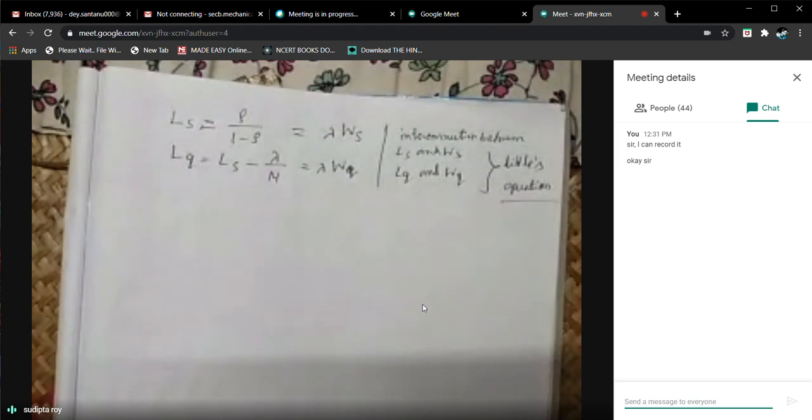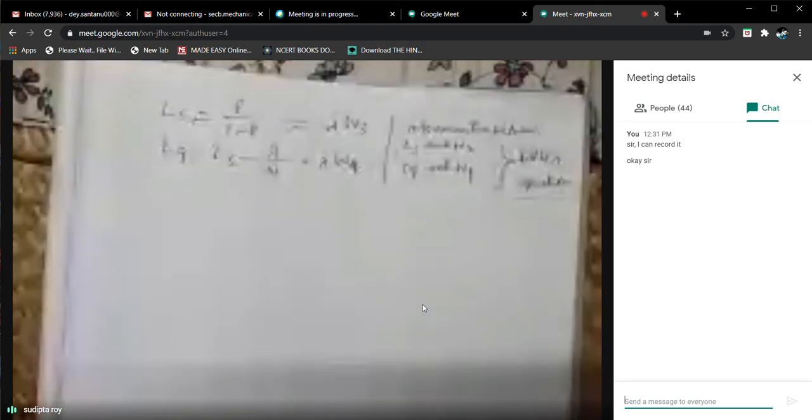The total number of people waiting in queue plus the total number of people taking service together is the number of people engaged in the system. That is called LS, L suffix S.